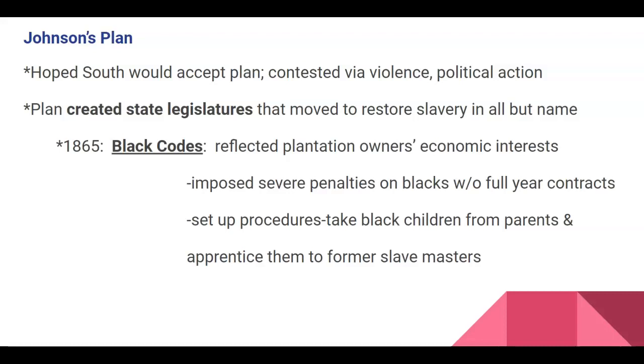So if you owned 100 of these, and you're not going to have only young healthy males, you can imagine how much money that is worth in today's money, plus all of the land and your house and the crops. So there was a lot of money to be made. These people wanted to get that free labor back.